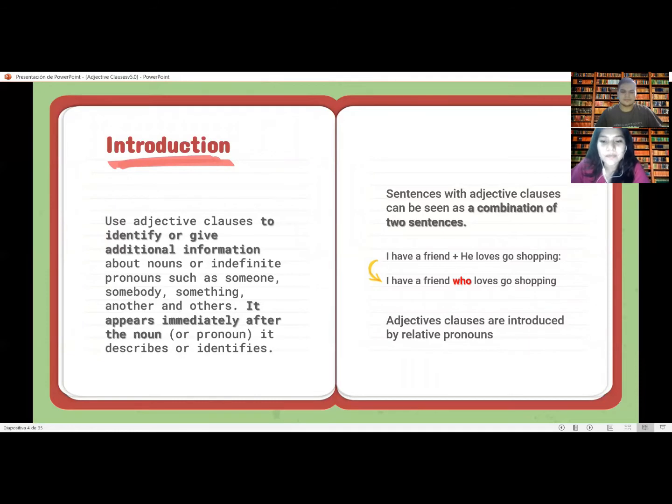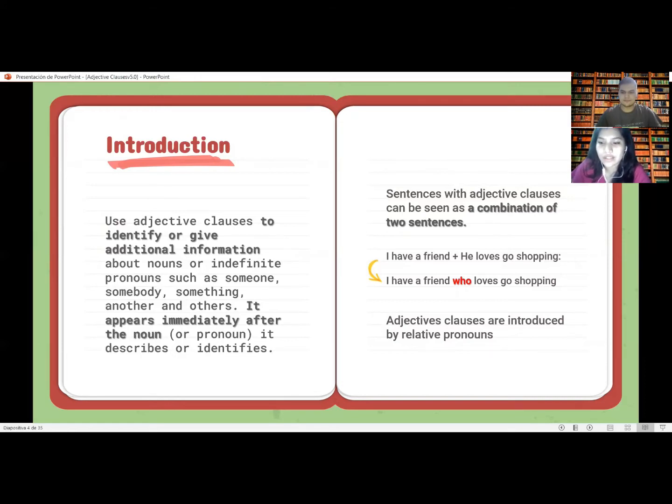This appears immediately after the noun or pronoun that is described or identified. A sentence with an adjective clause can be seen as a combination of two sentences. I have a friend, plus he loves going shopping. I have a friend who loves going shopping.